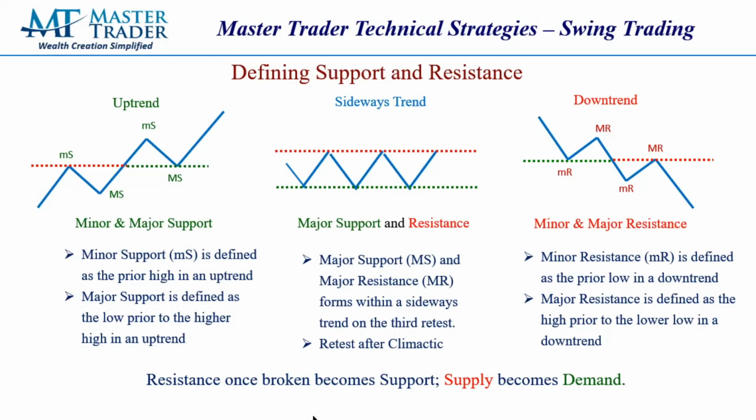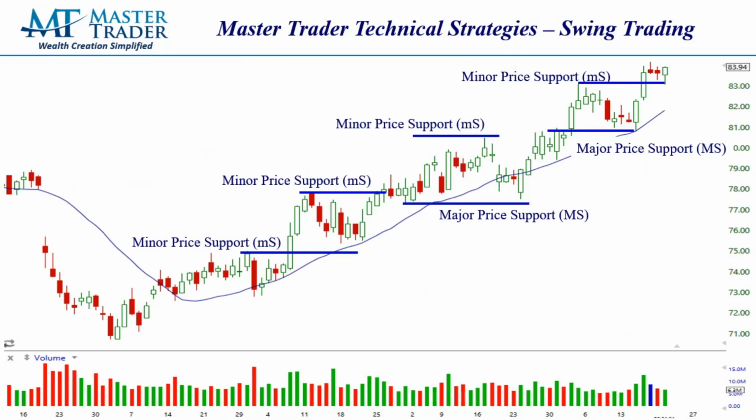But in an uptrend, prior highs are supposed to be overcome. However, once it is, we reference that as a minor support point, and we look for demand to pick up there. Support, once broken, becomes resistance, or that demand point becomes a reference point of supply.